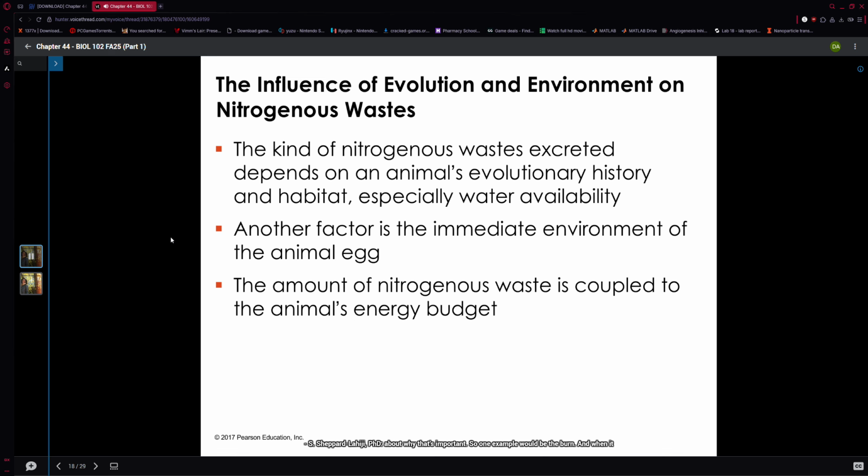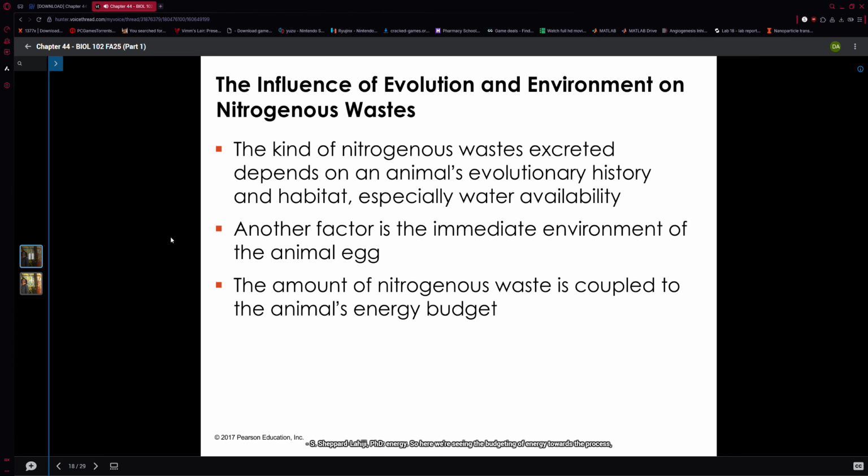So one example would be the bird. Birds have eggs that are encased within a shell, and their nitrogenous waste builds up as the embryo grows. Now, the process of uric acid we've discussed generates a precipitate, and that precipitate cannot affect the embryo's development, but it is a significant investment of energy.